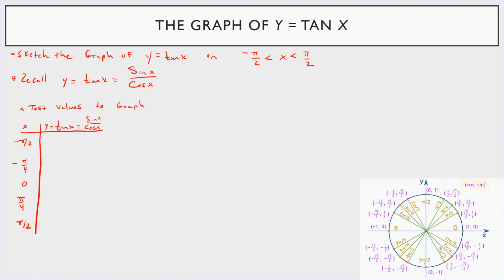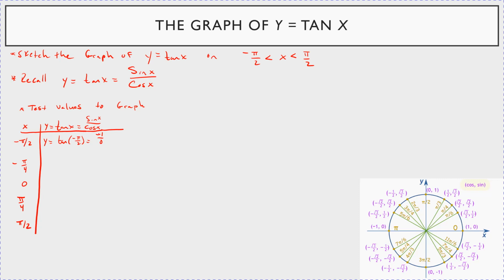Negative pi over 2 is down here. It's sine divided by cosine, so y equals tangent of negative pi over 2. What is sine at negative pi over 2? Sine is the y coordinate, so that's negative 1, and cosine is 0. So you get undefined here.